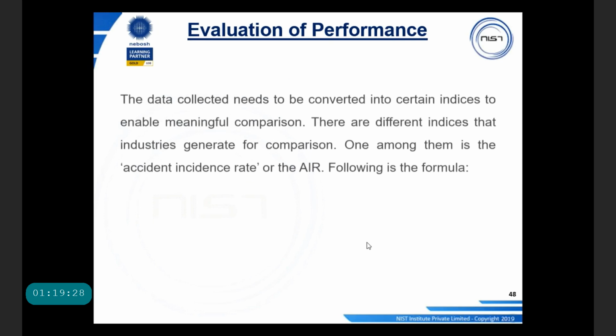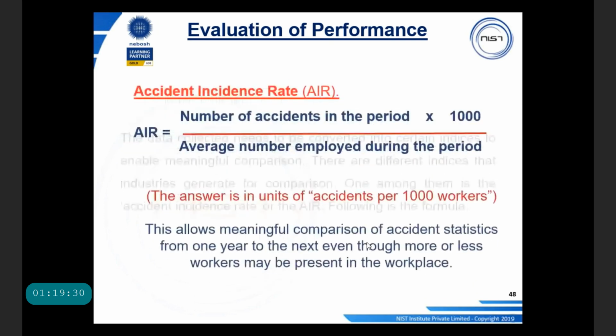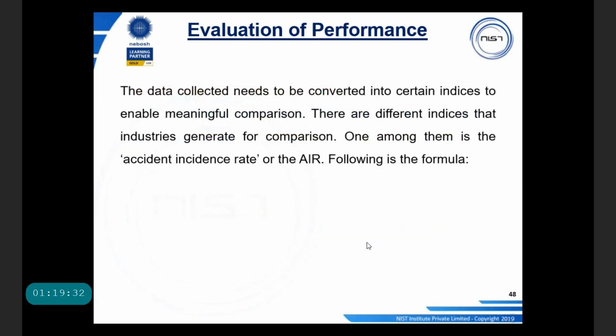Okay. The data collected needs to be converted into certain indices to enable meaningful comparison. There are different indices that industries generate for comparison. One among them is the accident incidence rate. Who remembers when we spoke about indicators used to assess safety culture?